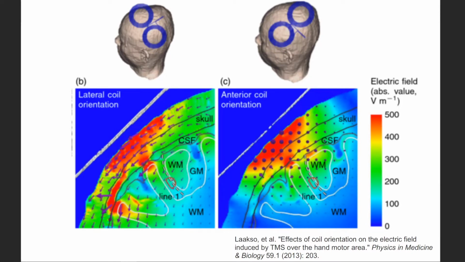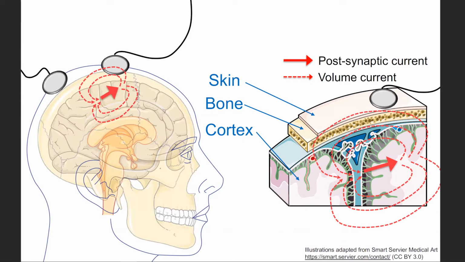And now, if we have enough action potentials in a neuronal population that can create synchronous postsynaptic currents that go into the same direction spatially, then those postsynaptic currents can create large enough signal that we can detect in EEG.